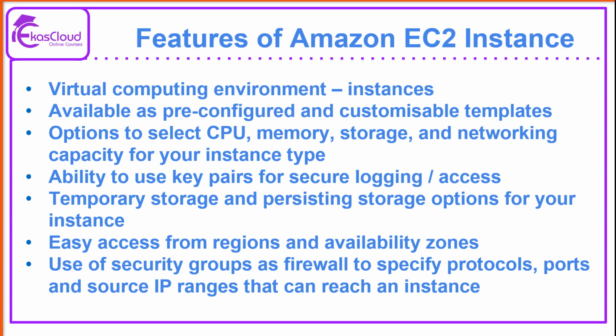Your instance, once set up, will be available from different regions and availability zones that are available from AWS. And the way to set up a firewall for your instance will be to set up security groups, which will help to specify the types of protocol, port, and source IP ranges that are allowed to reach your instance.